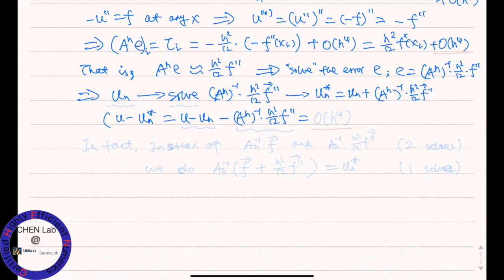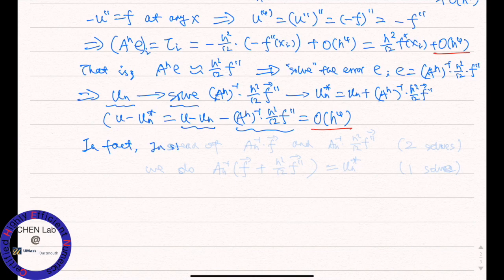So the dominant part of this part is that part. So what's left is the higher order term, which is order h to the fourth. In fact, we don't need to solve this twice. What we had above is we first solve for uh and then solve again. There are two solves. In fact, you don't need to do that.